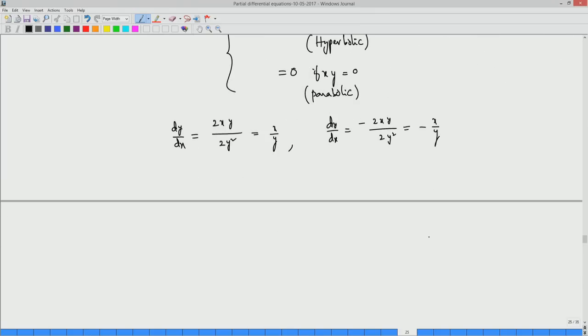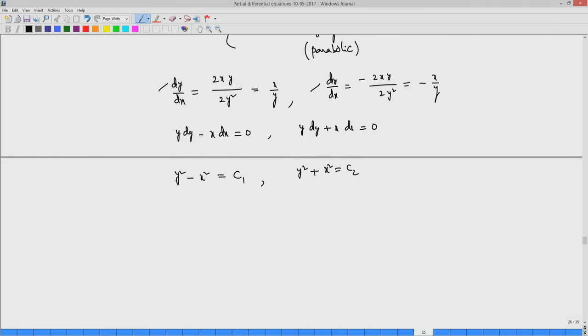So, if you solve these two ordinary differential equations, what you end up with are the new variables. If you do this, what you get is y dy minus x dx equal to 0, and this becomes y dy plus x dx equal to 0. So, this will give me y square minus x square equal to constant C1, and similarly this will be y square plus x square equal to C2.